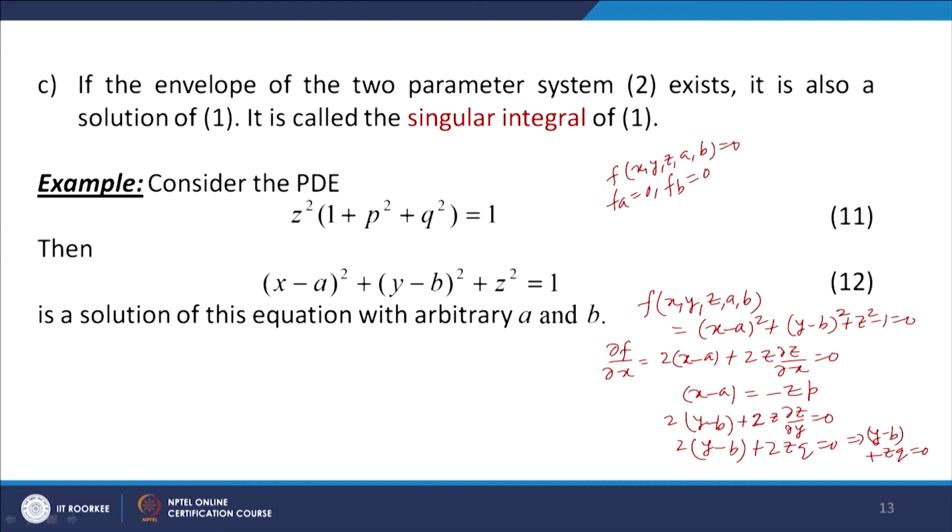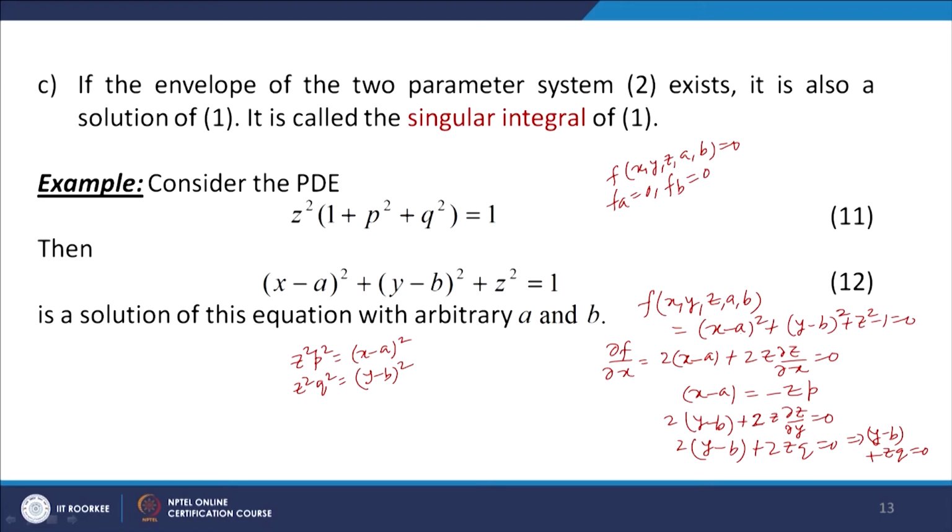So what we have is z square p square equal to x minus a whole square, and z square q square equal to y minus b whole square, and we have the equation x minus a whole square plus y minus b whole square plus z square minus 1 equal to 0.